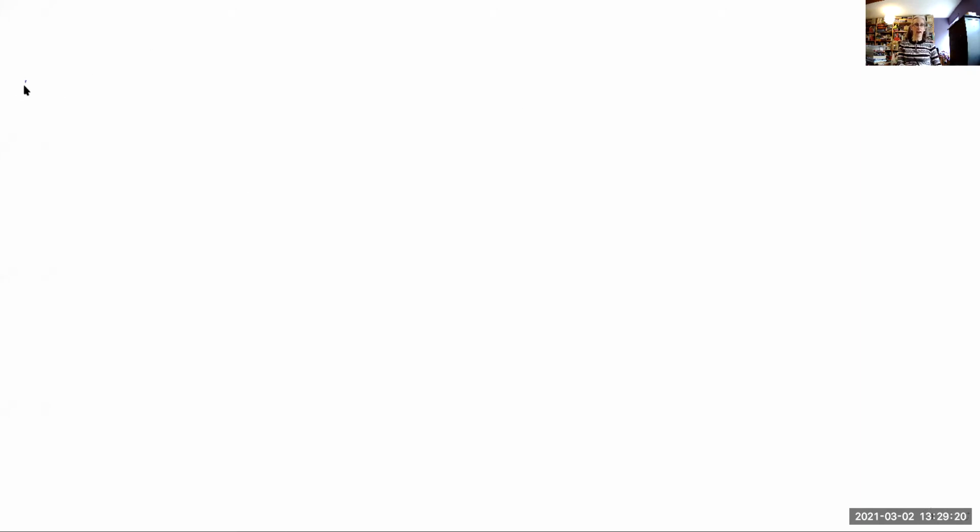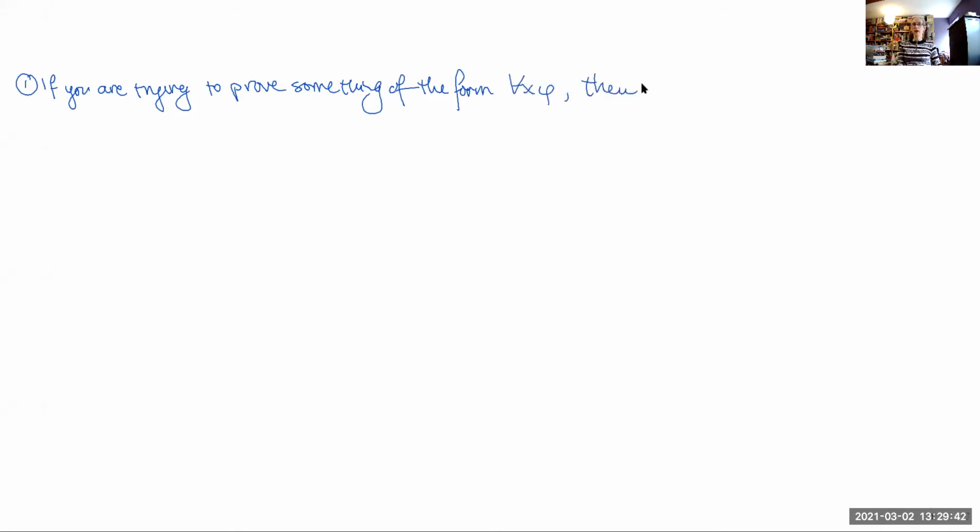So we are looking at if you are trying to prove something of the form for all x phi, well, then you can derive this through an application of the universal introduction rule.